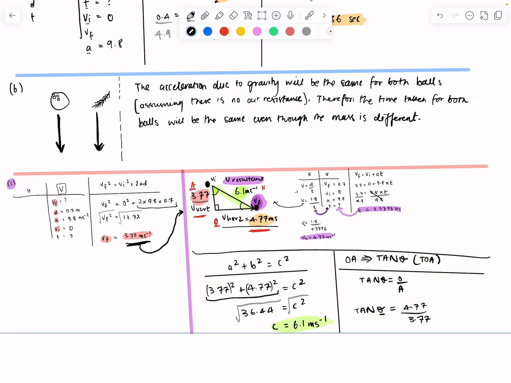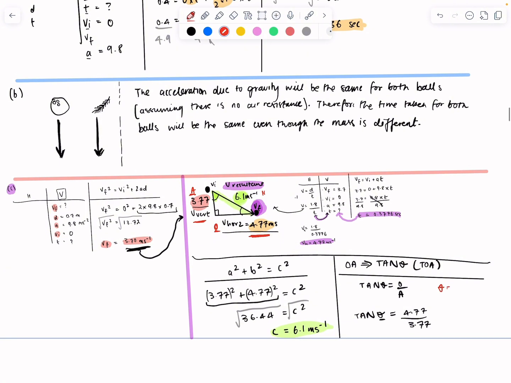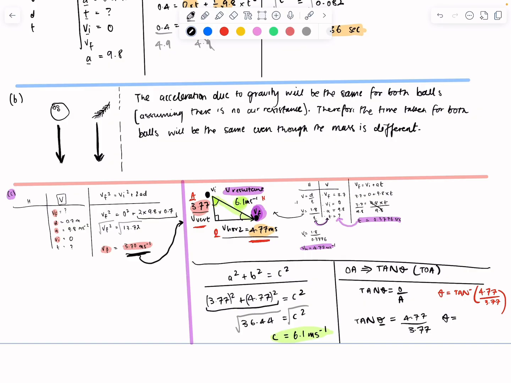So what we have to do is we have to take the inverse tan, okay? So theta equals tan inverse 4.77 over 3.77, and we will figure out by plugging that into the calculator that the angle that this ball is going down at is 52.4 degrees. Do not forget the little symbol of degrees.